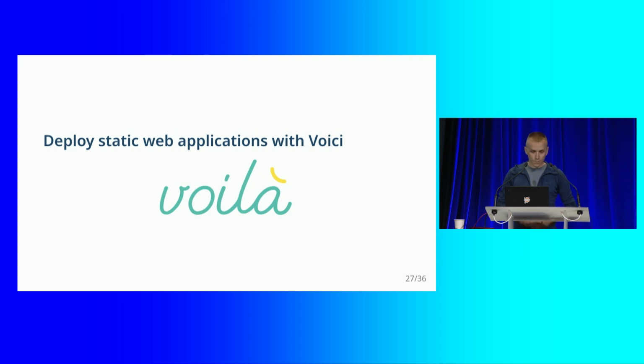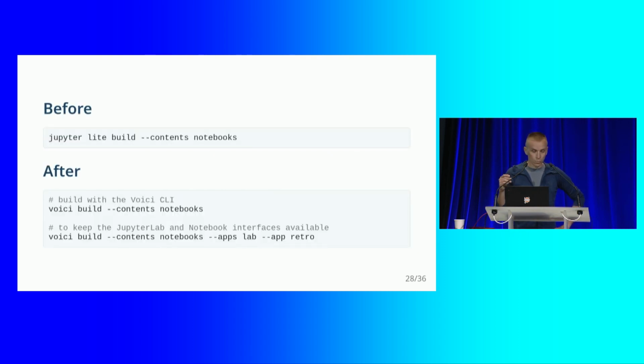Now there is a new tool called Voici, which is like Voila, but it runs entirely in the browser. Before, we were building the site with a JupyterLite build, and with Voici, you would build it with a Voici build.